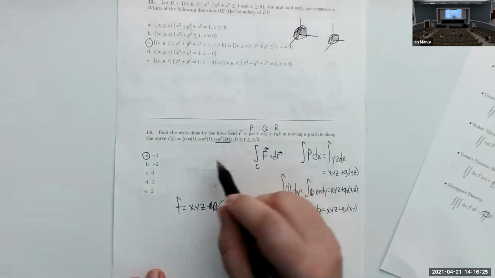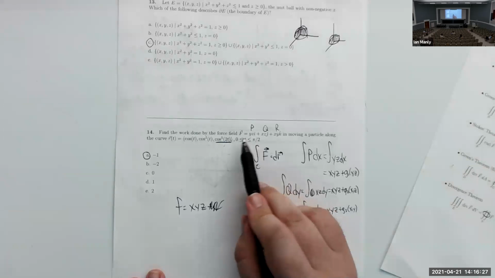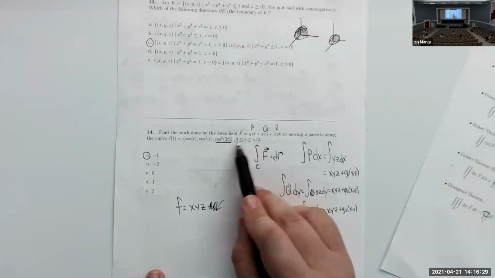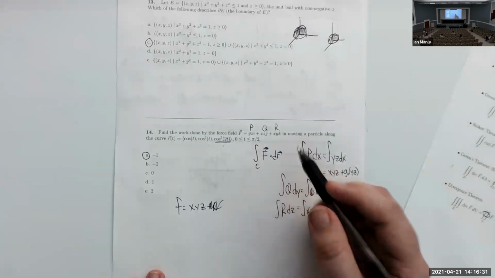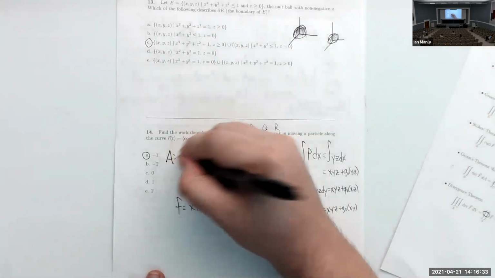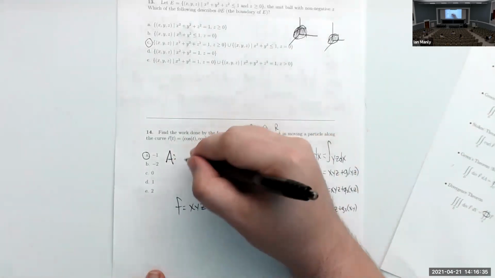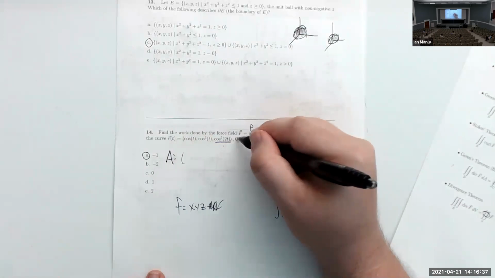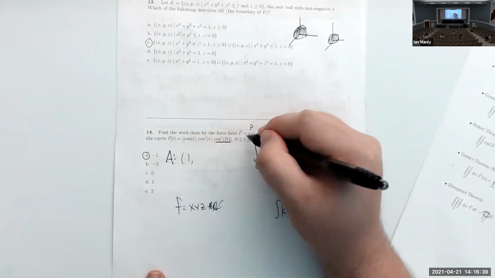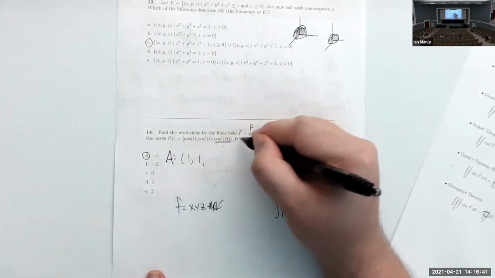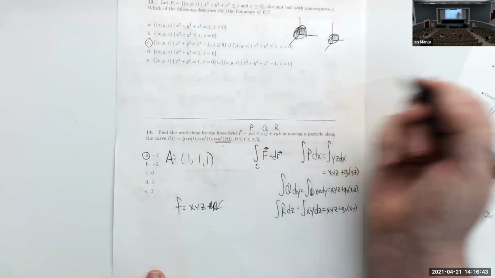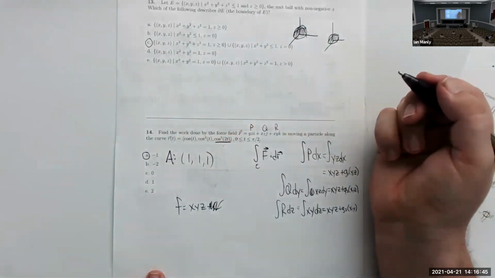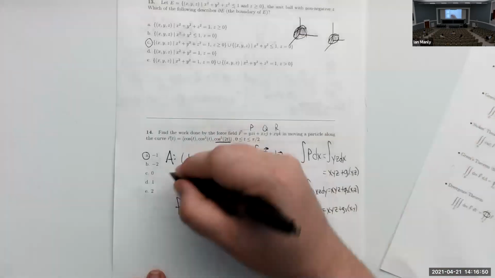All right, well, they gave us our parametric curve and they gave us the starting and ending t values. So let's use these. Our point A is going to be when t is 0. So that will be the point 1, 1, 1. Okay, so our point A is 1, 1, 1 right here.